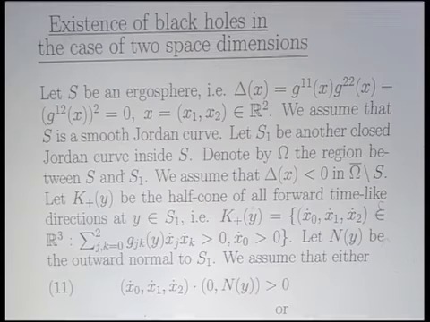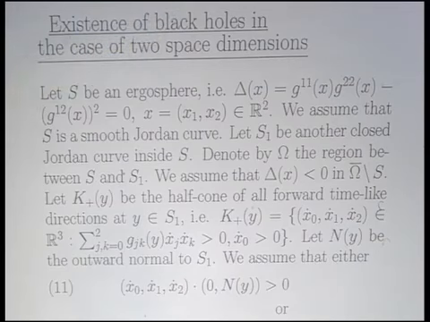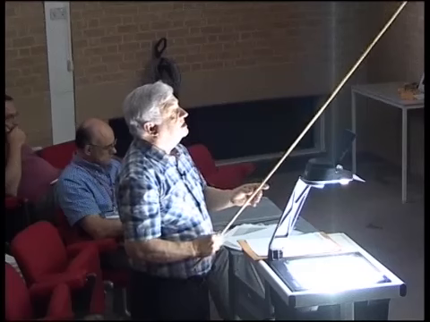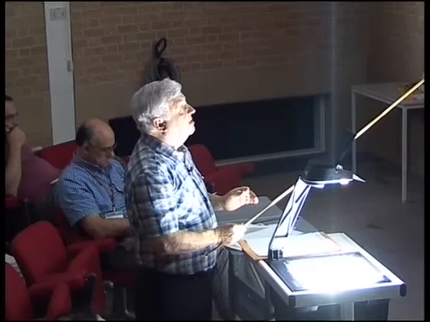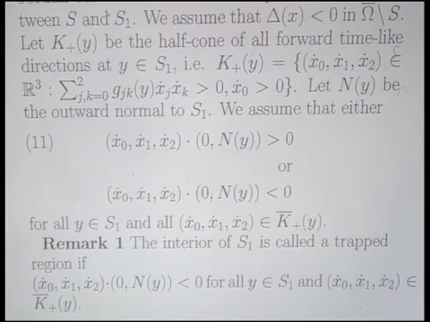Suppose you have another curve S prime inside S. We assume that delta, this determinant, is negative between S and S prime. S is ergosphere, I said this. But on S prime, you have the following condition. Denote by K plus Y the half cone of all forward time-like directions.